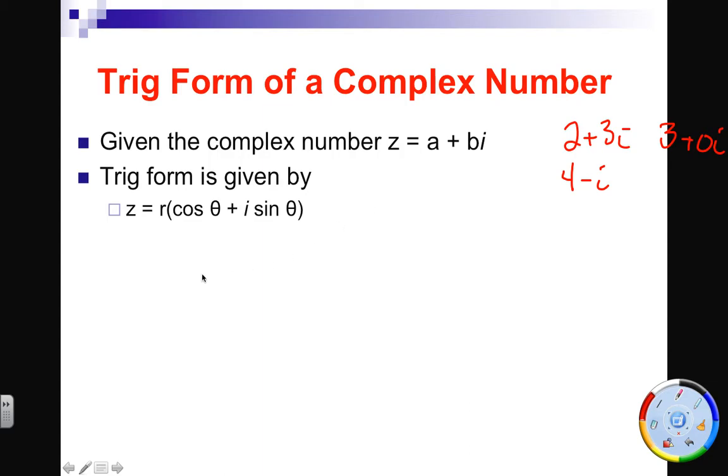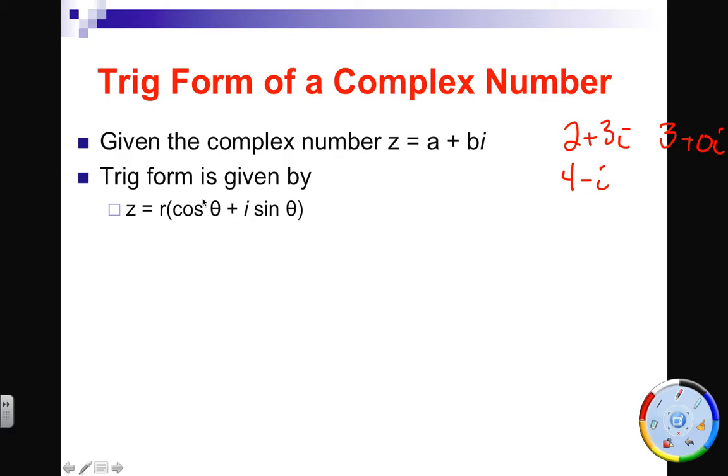And trig form is given by a very simple statement. Instead of having a plus bi, we can write this as r times the cosine of theta plus i sine of theta. Now, you're probably trying to figure out what's going on here. i is obviously i, and r you might compare to everything else we've been dealing with in this chapter. r is the length, or the absolute value of z.